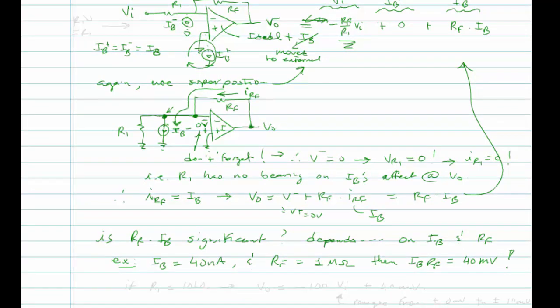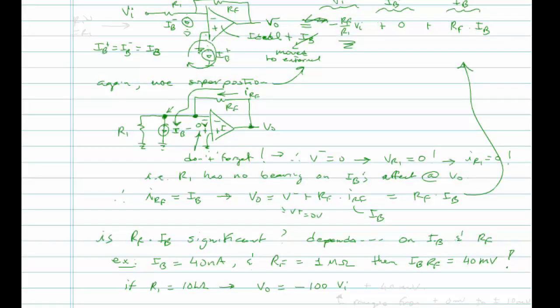Is that significant? Likely it is. It depends, I guess, on what your circuit is trying to do. Let's say that if R1 was 10K, then we would have that VO is equal to minus 1 meg over 10K. That's 100, right? Minus 100 VI plus 40 millivolts. Okay, well, what does VI range over?